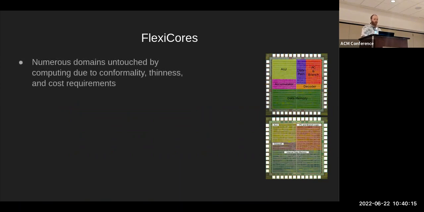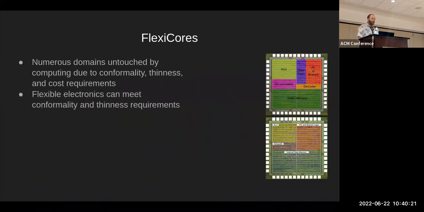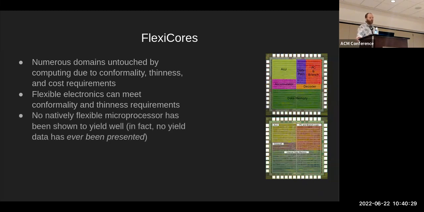What we show in this work is that while flexible electronics can meet conformality and thinness requirements, no natively flexible microprocessor has been shown to yield well. And in fact, no work has ever reported yield rates. That is until now. We show that it is feasible to build flexible microprocessors, FlexiCores, at a high yield, which enables low cost, provided that the right architectural and microarchitectural decisions are made. Thank you.